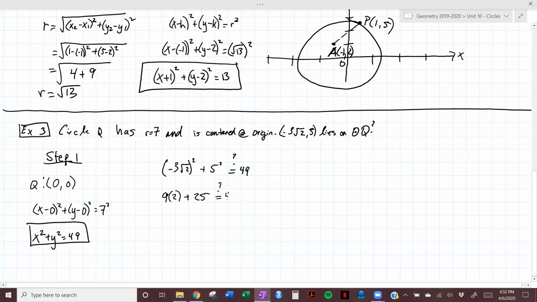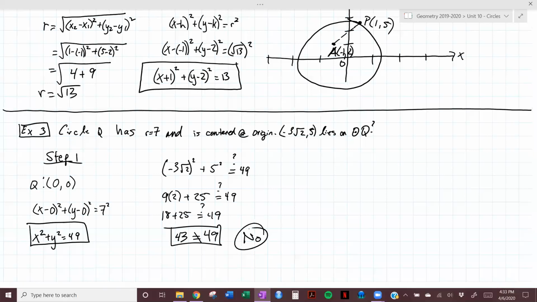So this is 18 plus 25. Does that equal 49? 43 does not equal 49. So our answer is no. It does not lie on the circle.